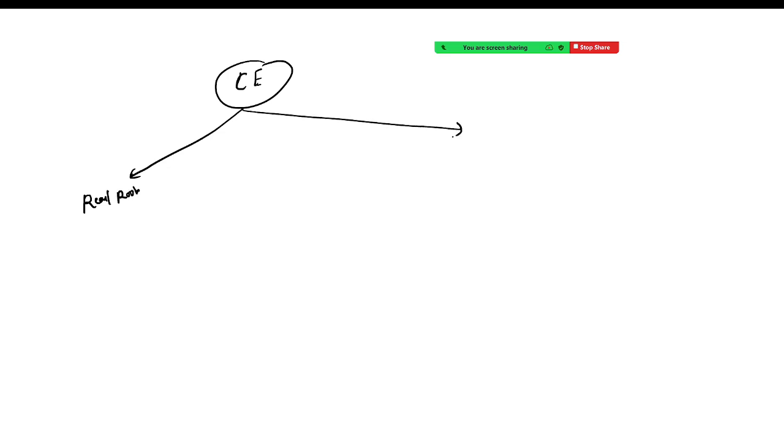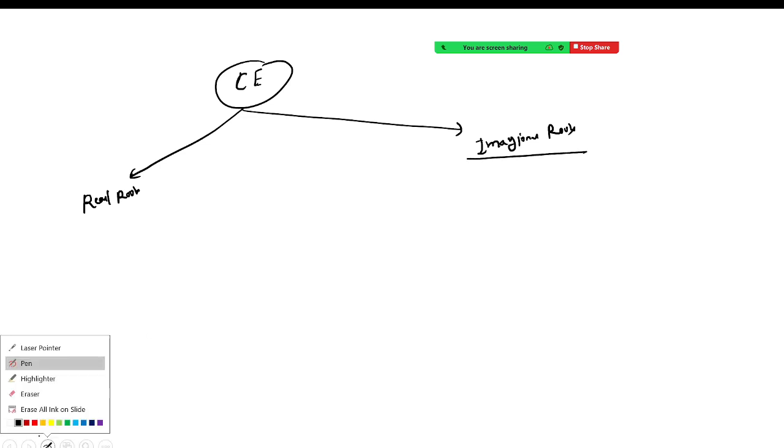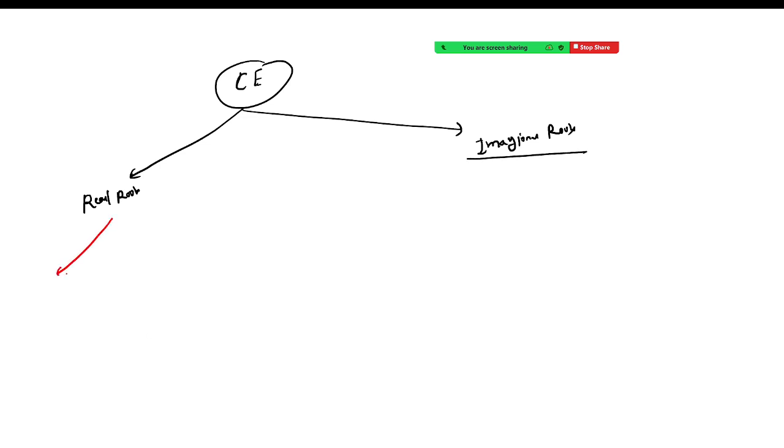So there will be two cases, right? Your characteristic equation will be having real roots and having imaginary roots, fine. Real roots can be positive, can be negative.